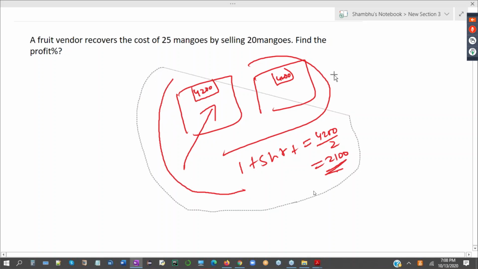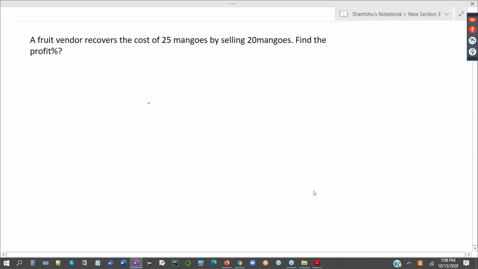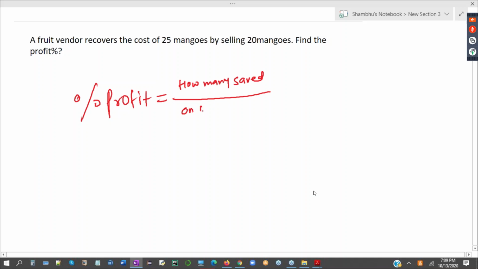25%, 20%, 25%. Yes. See here, when some person sells something and he recovers some price, then profit percent will be how many saved divided by how many spent, into 100.